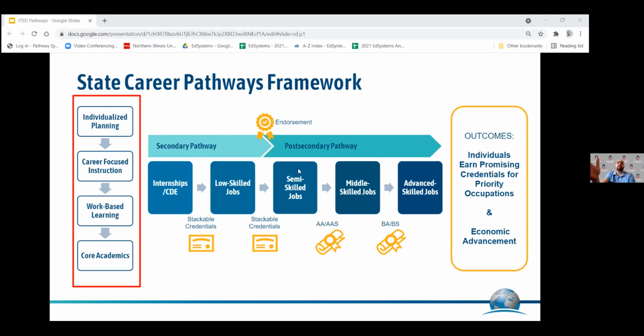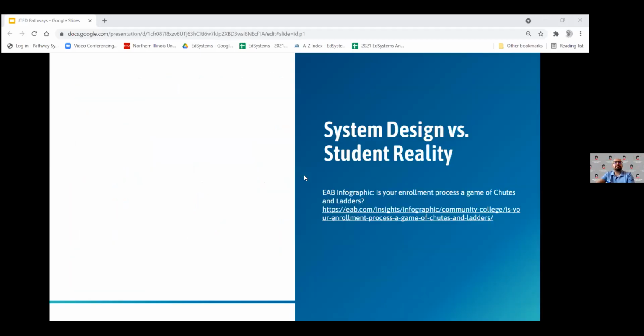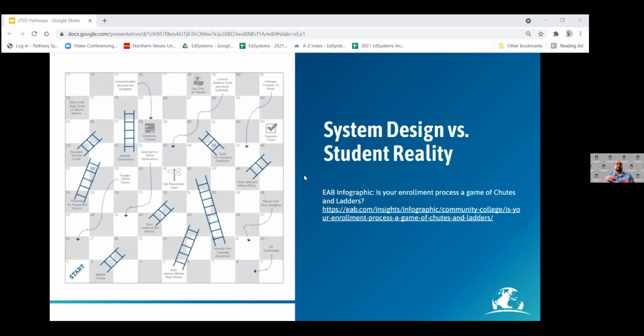And as you see here, in theory, there should be a linear progression from a secondary institution to and through a post-secondary institution where someone earns credentials, earns degrees, and therefore gets access to more skilled jobs and higher earning jobs and higher labor market outcomes, right? Now, this is all a very linear pathway progression, but in reality, we see that that linear design doesn't always work out, right?